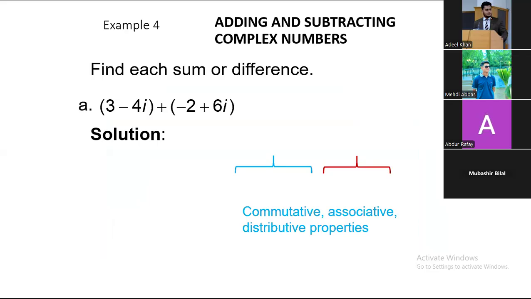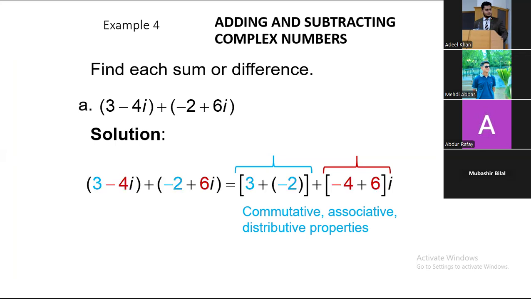If we need to add both these terms, we need to sequence both the real terms and both the imaginary terms together, fulfilling the operation of addition as well as subtraction. So we combine 3 and minus 2 with each other and minus 4 plus 6 with each other.